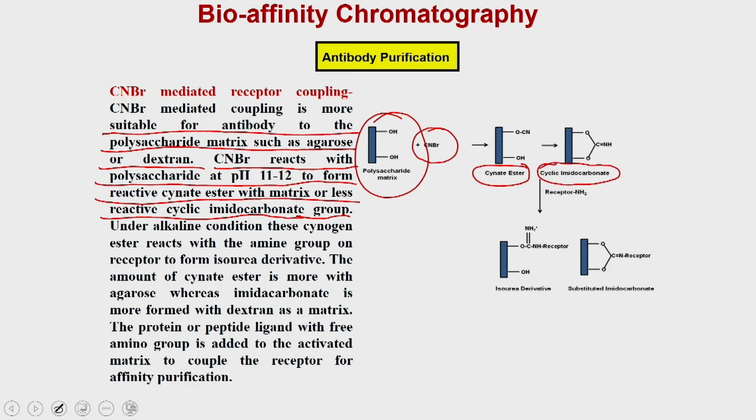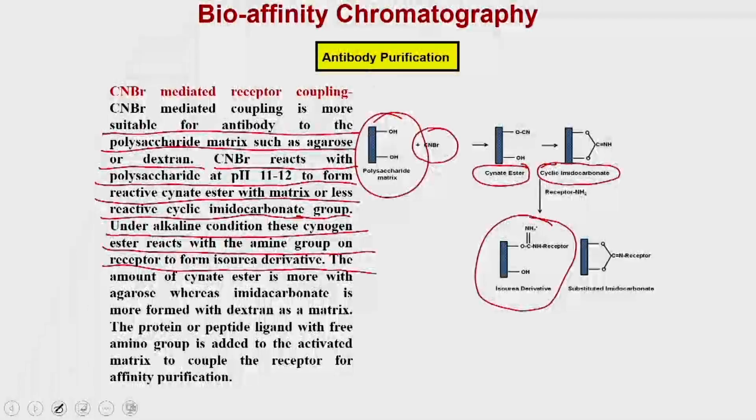Once you add the protein, which may contain a free amino group, under alkaline conditions these cyanate esters react with the amine group present on the receptor to form isourea derivatives, and that is how your protein is coupled to the beads. The amount of cyanate ester is higher with agarose, whereas the imidocarbonate is more formed with dextran as a matrix.